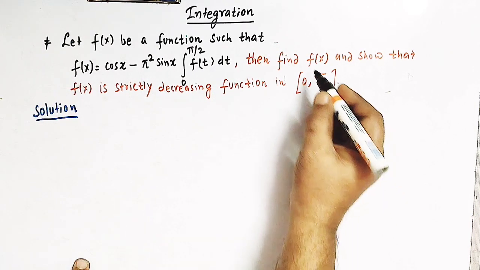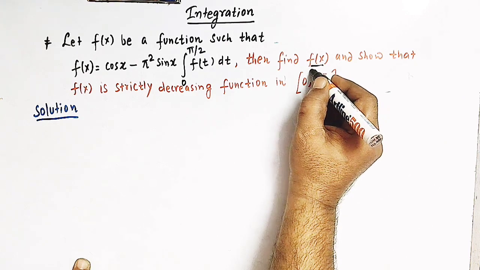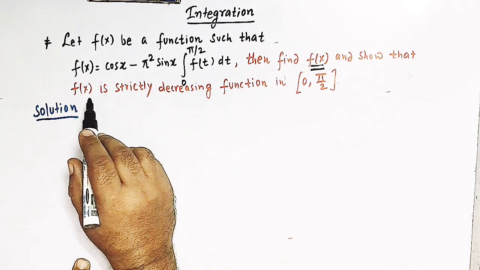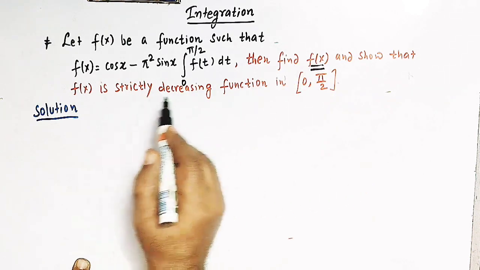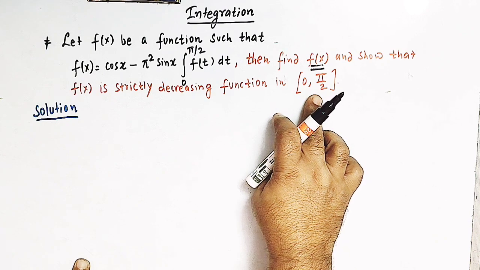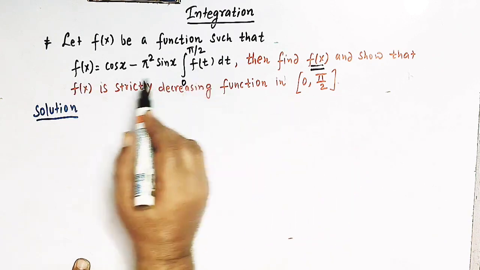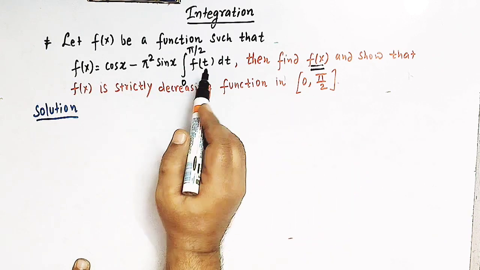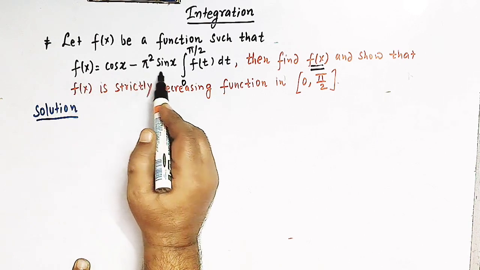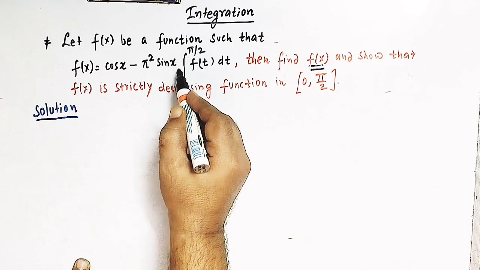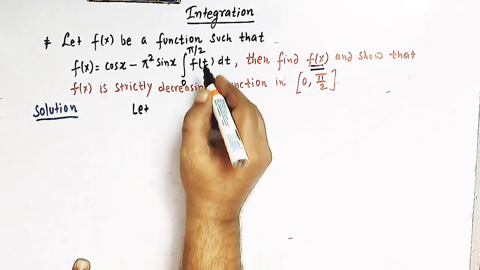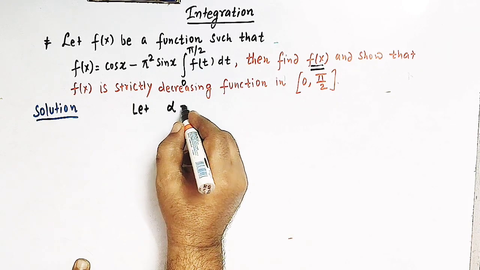So here first we'll find out the form of the function f of x, and then we'll see how we can prove that this function f of x is a strictly decreasing function in this given interval, right? So let us start with this equation. See, here we have f of x is equal to cos x minus pi square sine x, and here we are given this integral, right? So let us take this integral as, say, alpha.